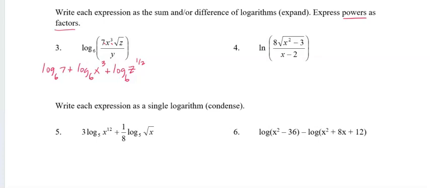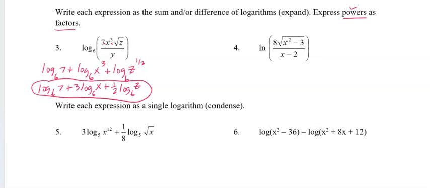Okay, and now to do this second part, express powers as factors, we'll need to use the power property. So 3 comes down and is used as a factor here, 3 times log base 6 of x. And then this is 1/2 times log base 6 of z. And that ends up being our answer for number 3.